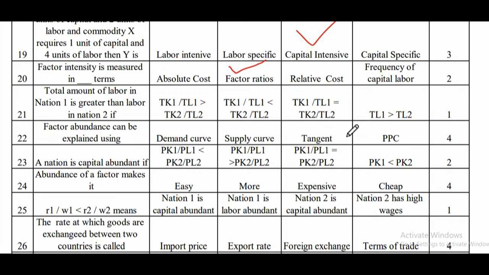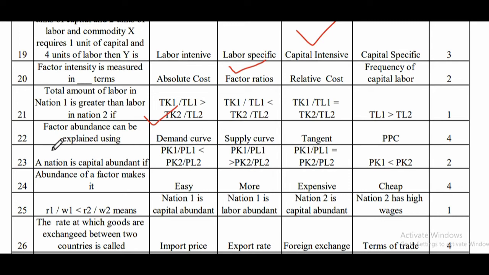The third option is TK1 divided by TL1 is equal to TK2 divided by TL2. The fourth option is TL1 is greater than TL2. Here the correct answer is option number 1, that is TK1 divided by TL1 is greater as compared to TK2 divided by TL2.